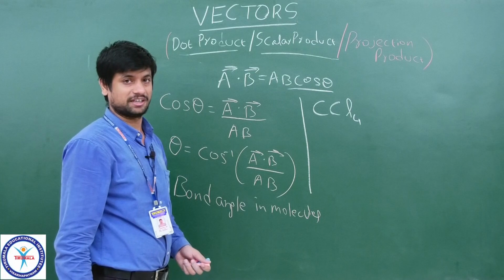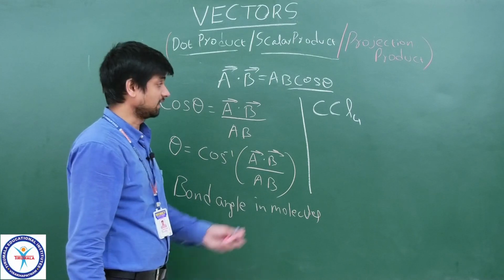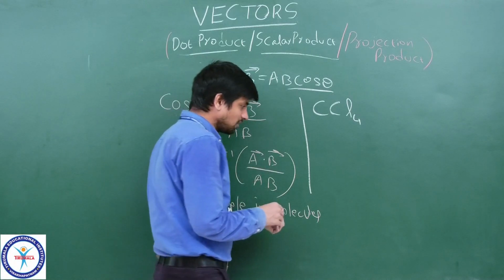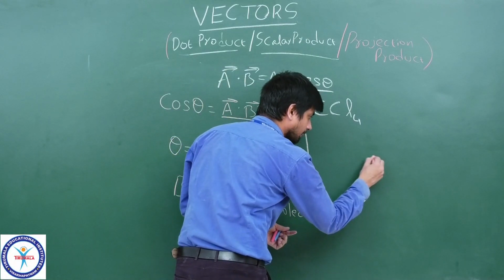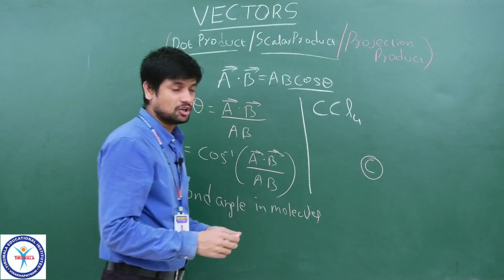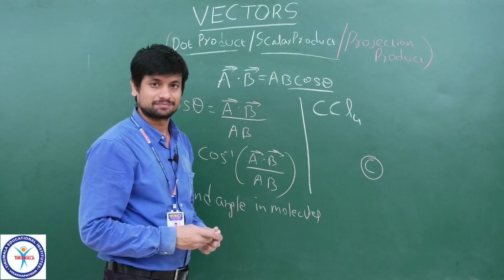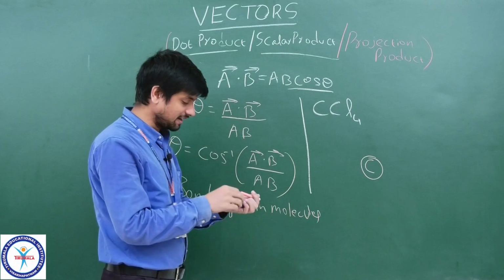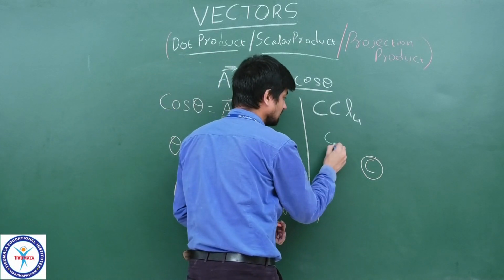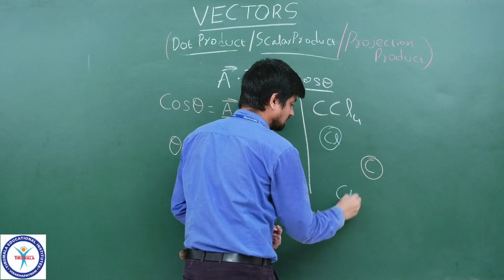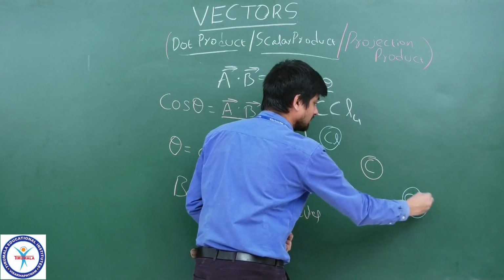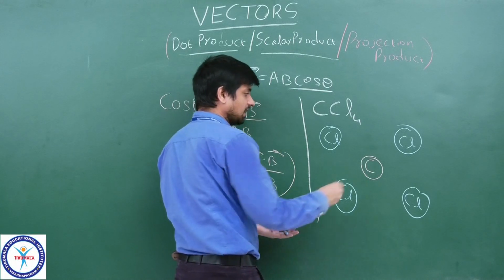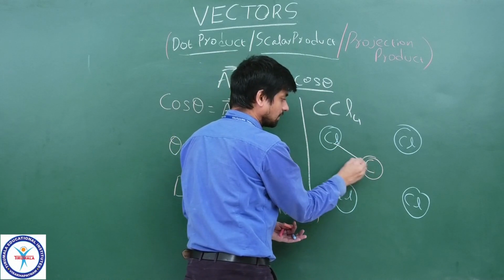Carbon tetrachloride. One carbon is there, and around that 4 chlorine atoms are there. In this molecule, one carbon atom and 4 chlorine atoms. So here this is chlorine, this is chlorine, this is chlorine, this is chlorine. So they are forming the bond.